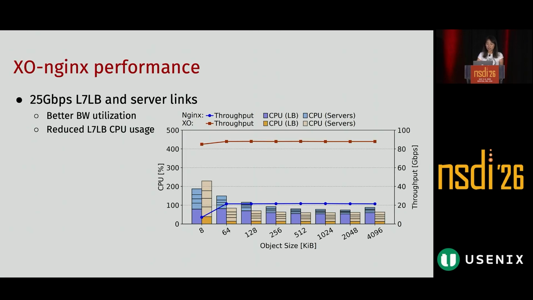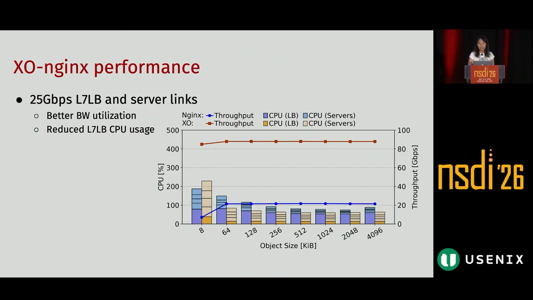Now we show the nginx throughput and layer 7 load balancer and server CPU usage. Thanks to better network bandwidth utilization and reduced layer 7 load balancer CPU usage, we confirm that XO improves throughput.